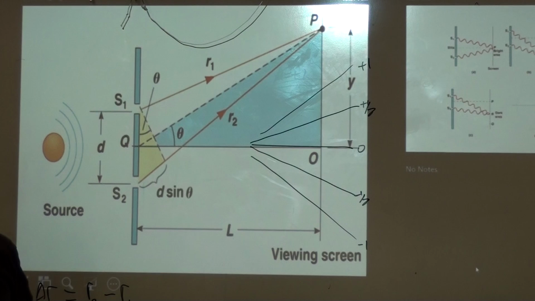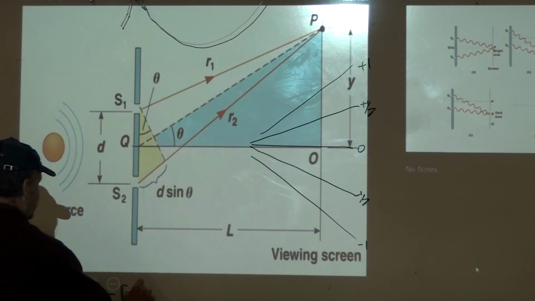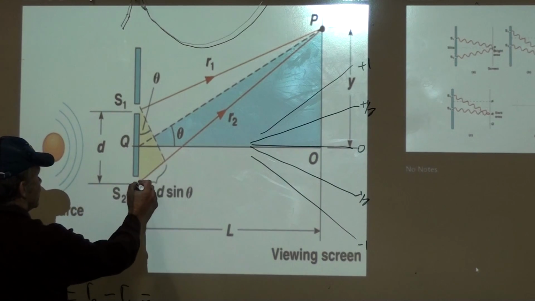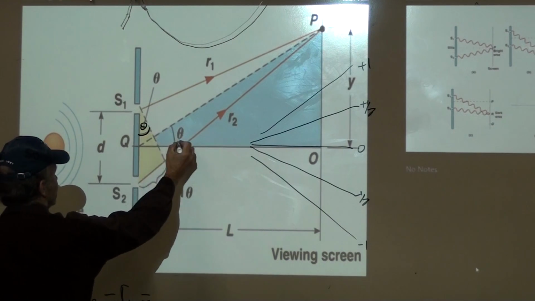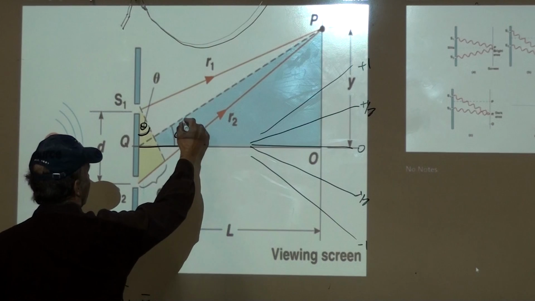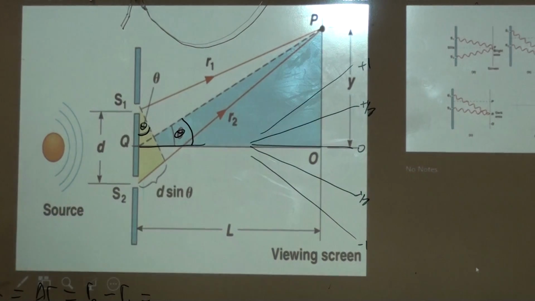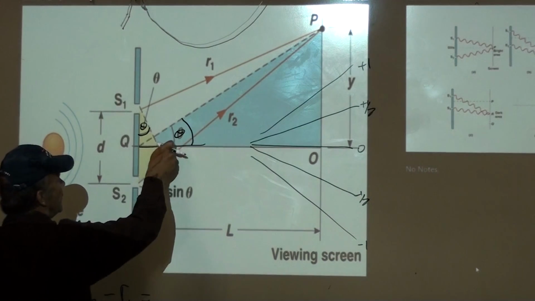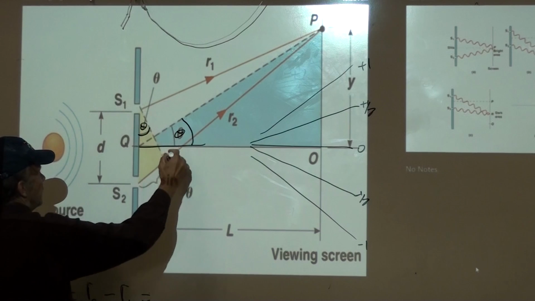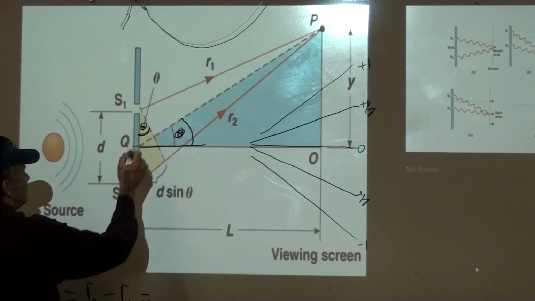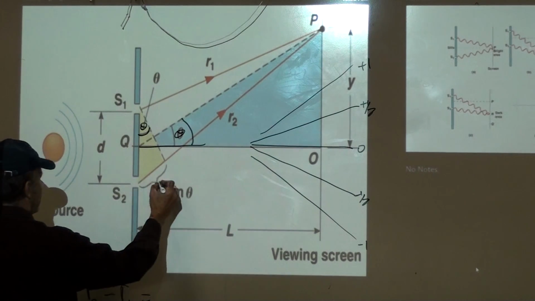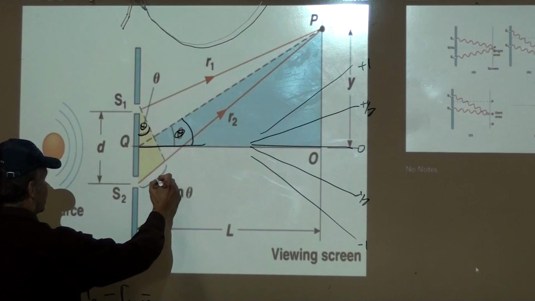We want that to be m lambda for constructive interference. If we just drop this perpendicular down and do a little bit of geometry, we see that this angle and that angle are the same, so the angle that we're measuring from the horizontal is the same angle.